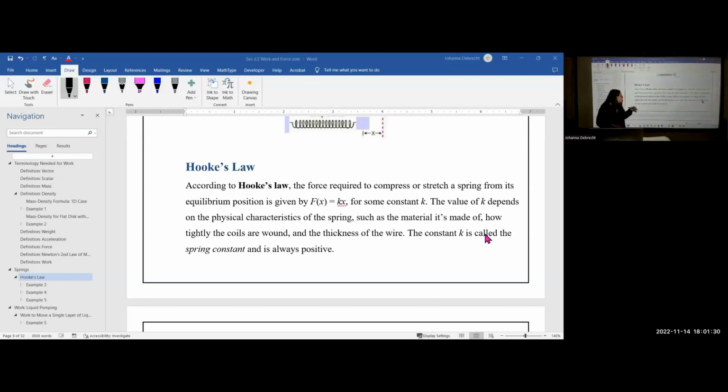And so when we're looking at the spring constant, what would make it be different? Well, it depends on the diameter of the coil, right? So the diameter of the wire that makes up the coil. The thicker they are, the harder it's going to be to stretch or compress. It also depends on how tightly wound they are.